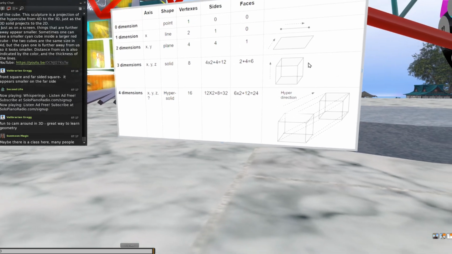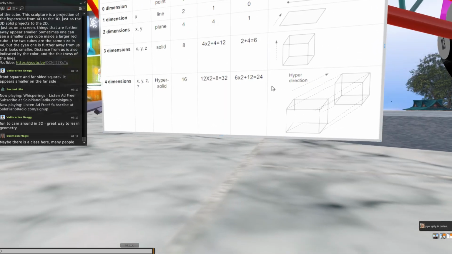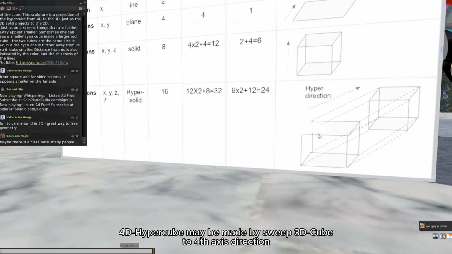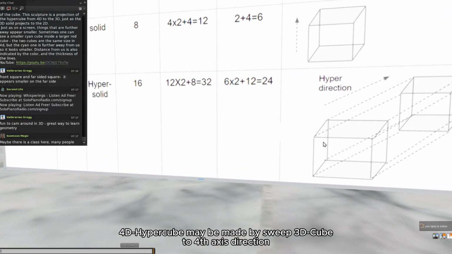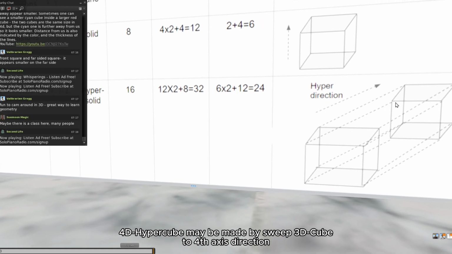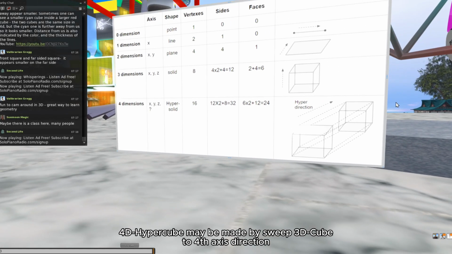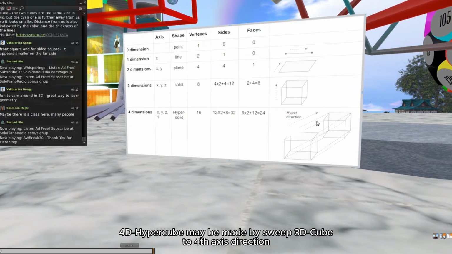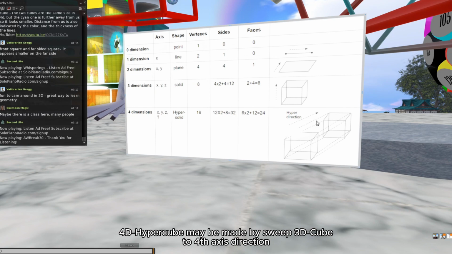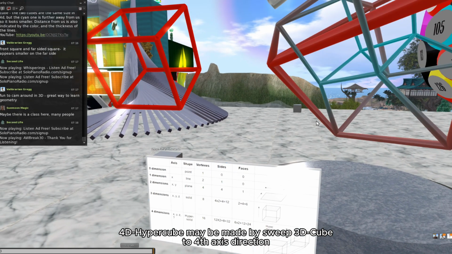Then maybe a four-dimensional hypercube may be made by sweeping a three-dimensional cube in a hyper direction. We can't see a hypercube directly, but we can see a 3D projection of the hypercube.